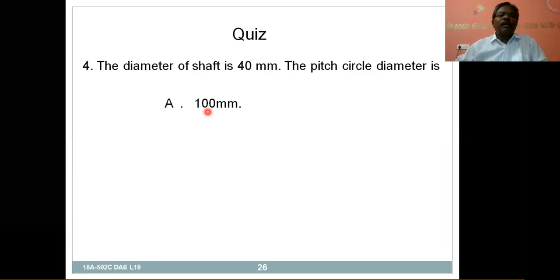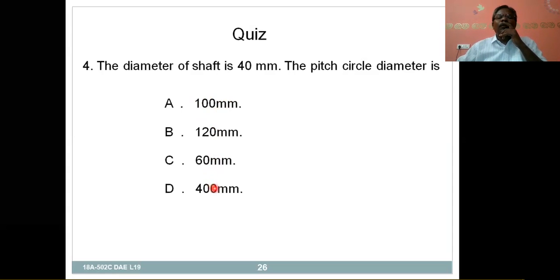So A, 100 mm, is not right. 120 mm may be right. 60 mm is 2d only, so it is wrong. And 4d is also wrong, because that is 4 times the shaft diameter. This is wrong. This is wrong.